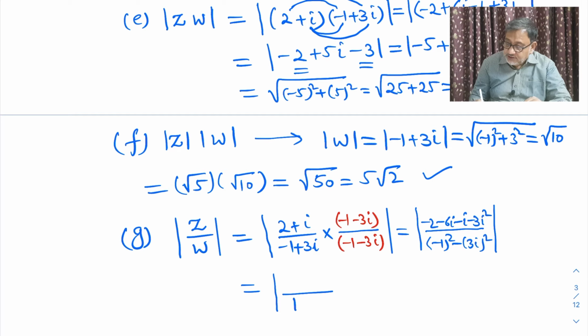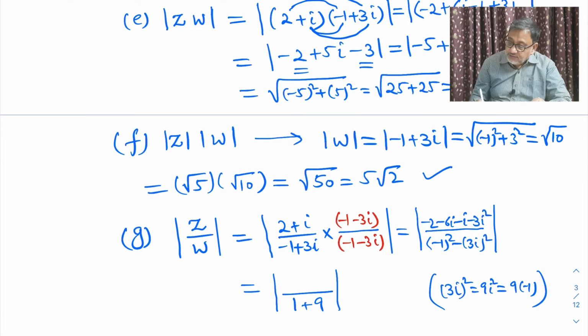The denominator is 1 minus 9i square. So i square is minus 1. Look here, 3i bracket square will be 9i square, which will be 9 into minus 1. And then there is one more minus sign, so plus 9.